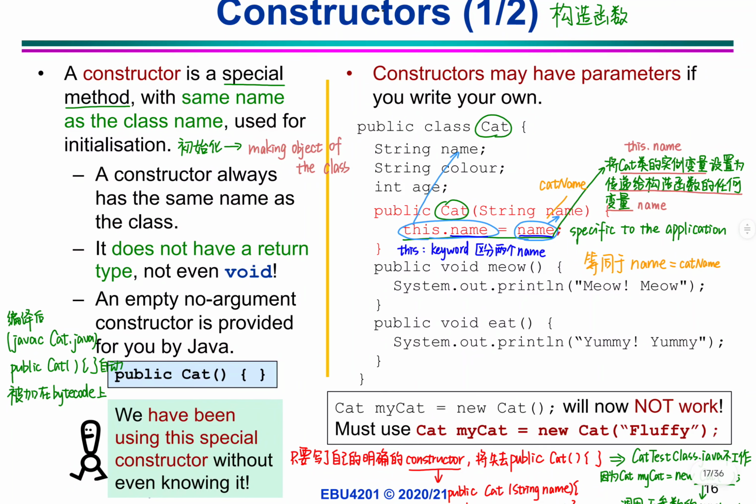constructor. A constructor is a special method with the same name as the class name, used for initialization. It doesn't have a return type, not even void. It's just a symbol that is the same name, to set some initial settings and configurations.